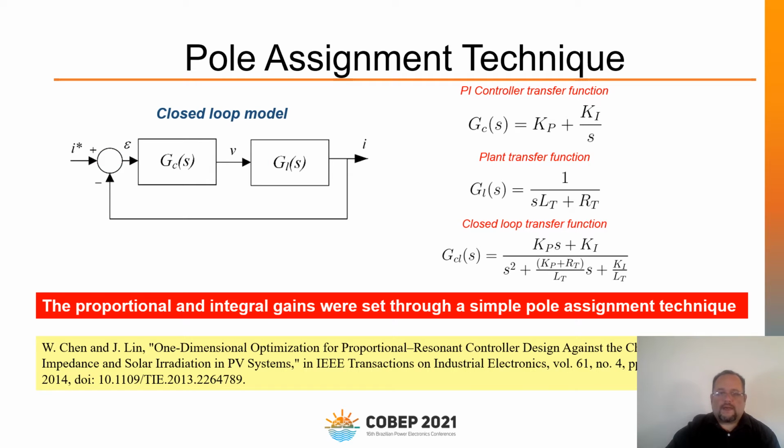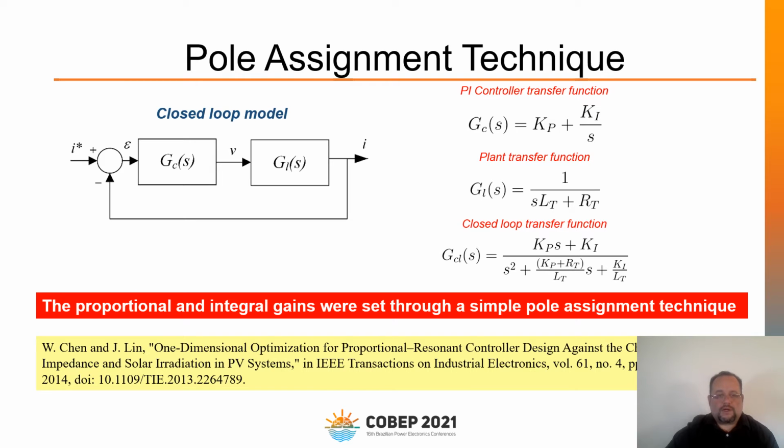In the pole assignment technique, first we have a closed-loop model of the system with a proportional integral controller transfer function and plant transfer function, where the total resistance and inductance are the sum of filter and grid impedance in per unit values.